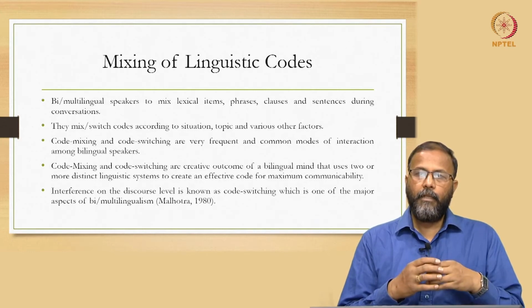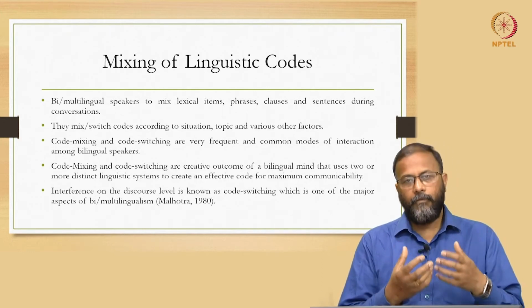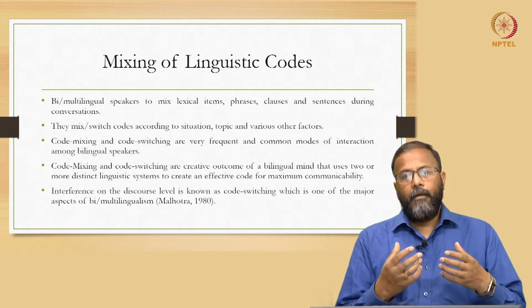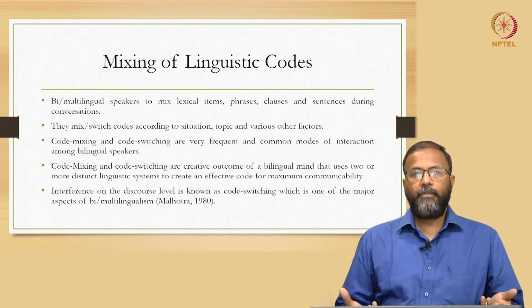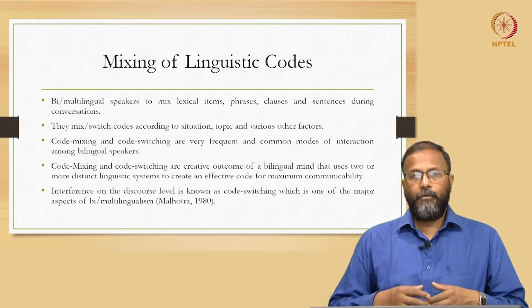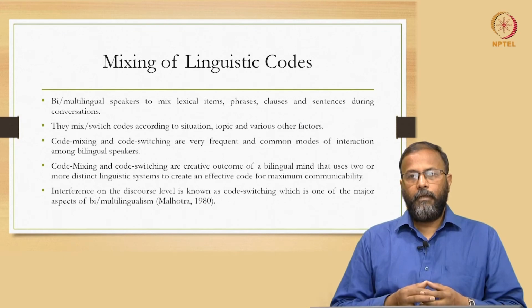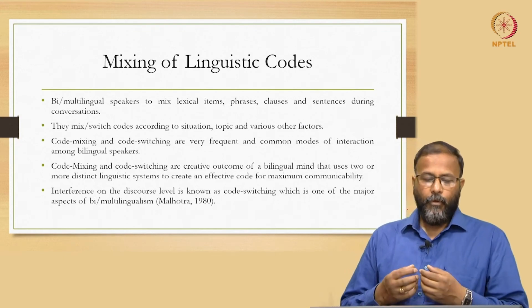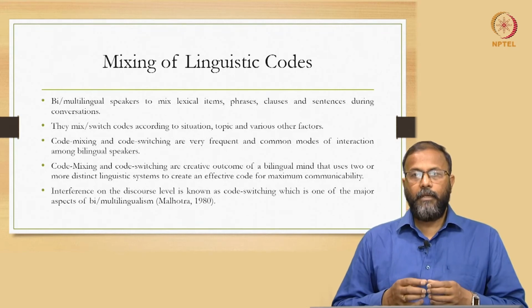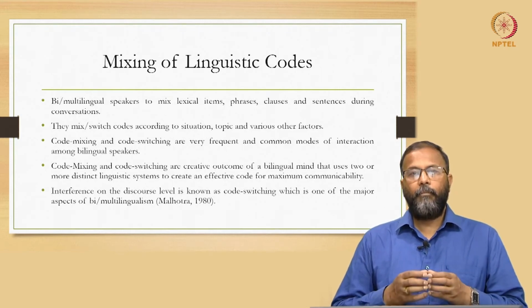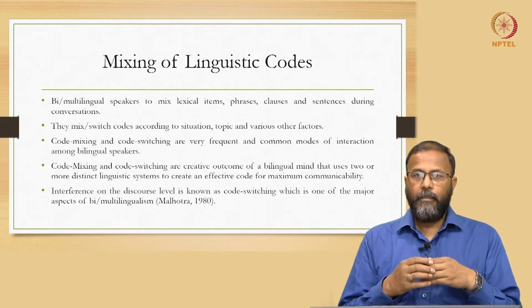It is a very creative outcome where the speaker or user of language has the ability to draw from two distinct linguistic sources to encode the message and communicate effectively. So they use two or more distinct linguistic systems to create an effective code for maximum communicability, right?